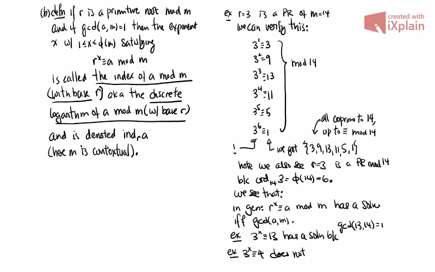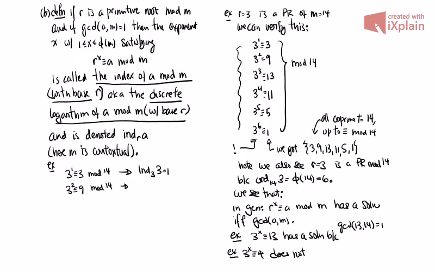So just to nail down an example, I'm going to take all these things over here on the right, rewrite them, and write the equivalent statement, and then it should make perfect sense. So 3 to the 1 is congruent to 3 mod 14. So this tells us that the index with base 3 of 3 is 1. 3 to the 2 is 9 mod 14.